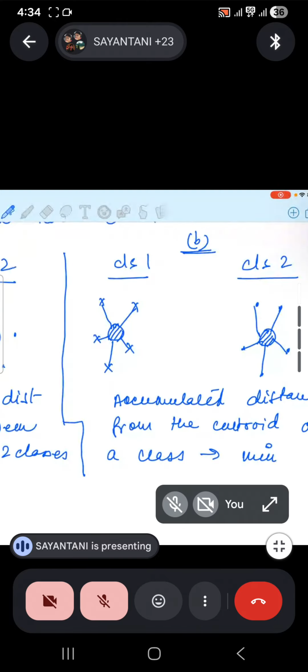If they are minimized, that means they are forming small clusters and they are compact within themselves. And if I am increasing the inter-class distances, that is the distance between these two classes, then they are very much separate. So these are the two criteria that I need to keep in mind.